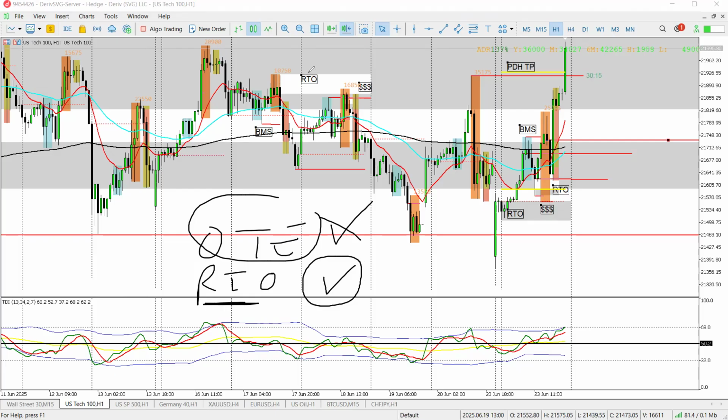So here now price returned to the RTO, as you can see right there. We also had a liquidity sweep, and this was now during New York. So New York took out London highs, bounced off into a RTO, and price sold. What are we targeting? The last lows.